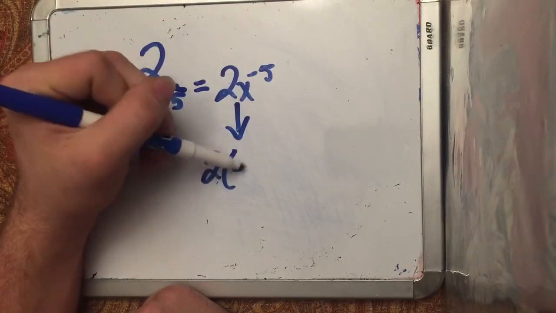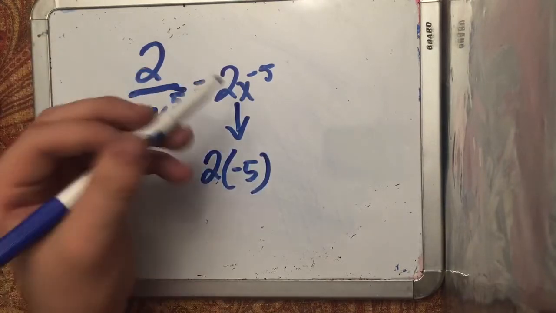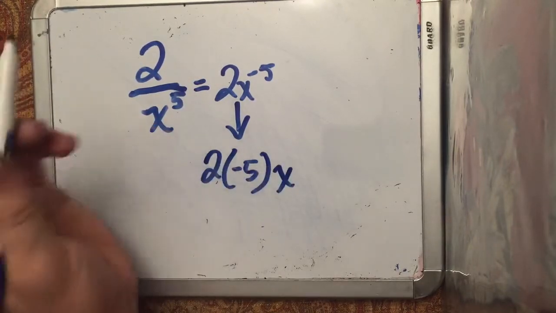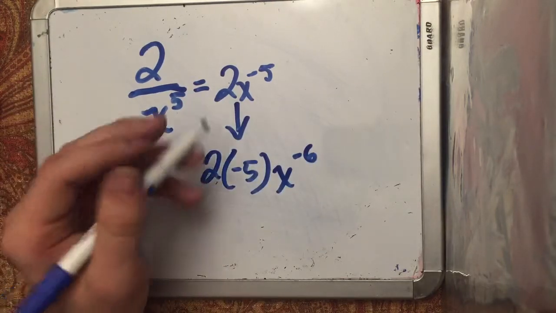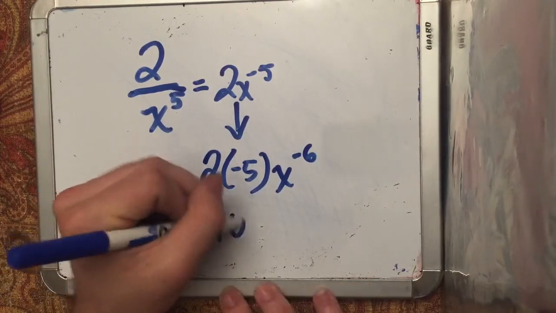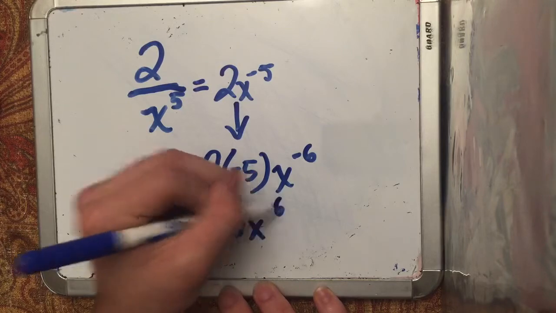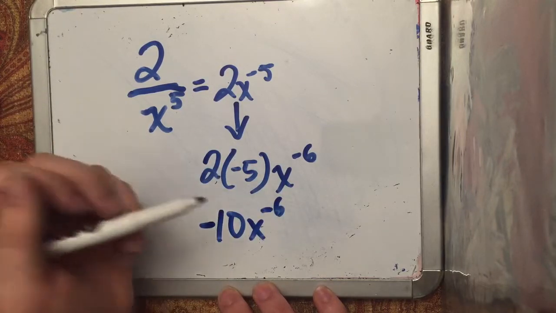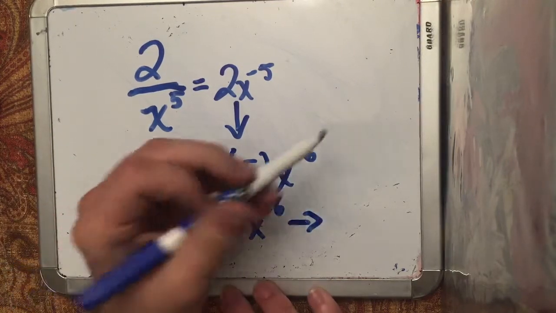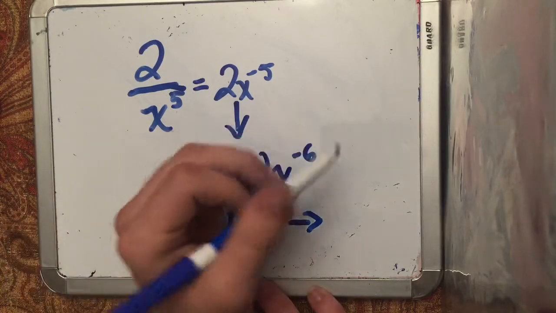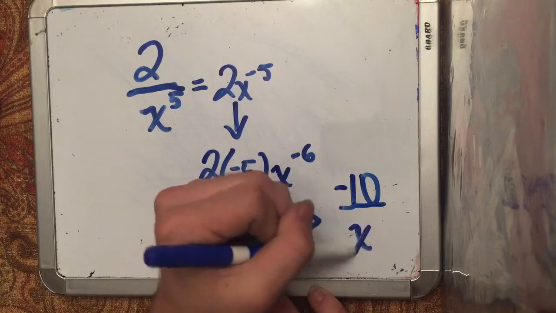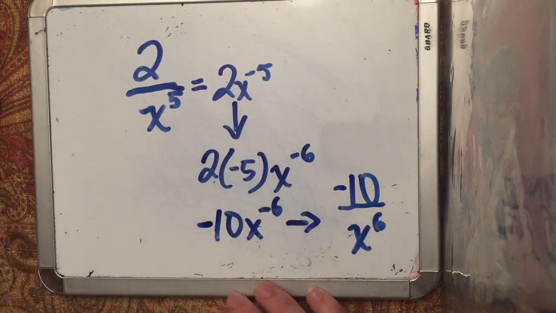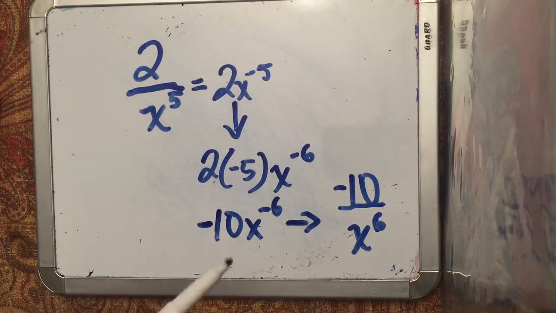So we're going to put the negative 5, which is n, down here, and negative 5 minus 1 is negative 6. So simplifying this out, it becomes negative 10 x to the negative 6. And simplifying it further, since we can keep it this way, but if you simplified it further, it would go back to being rational, negative 10 over x to the 6.